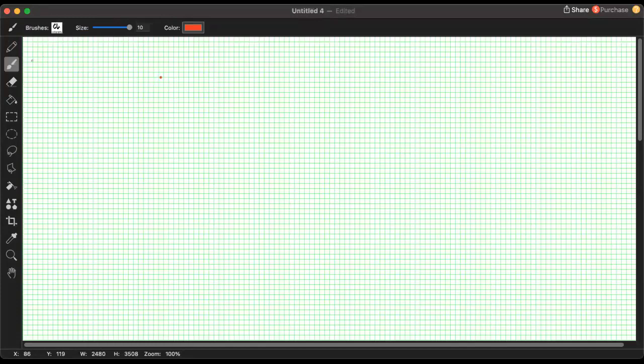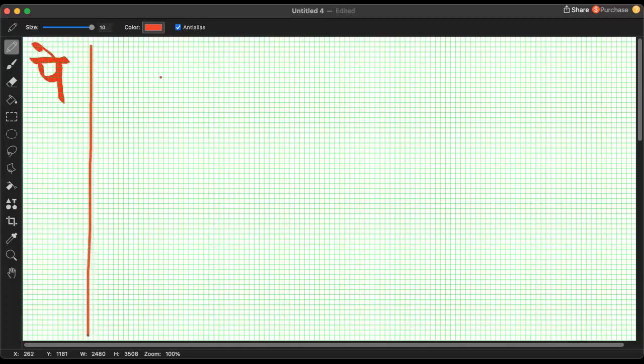This is Devanagari pay. We'll first write the root alphabet.